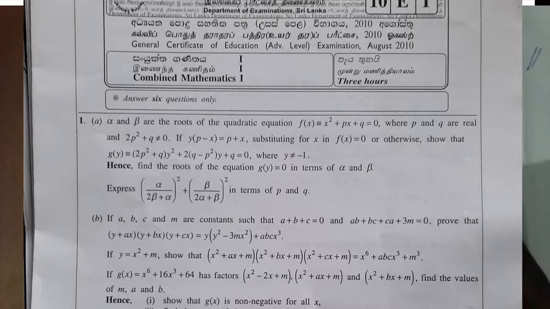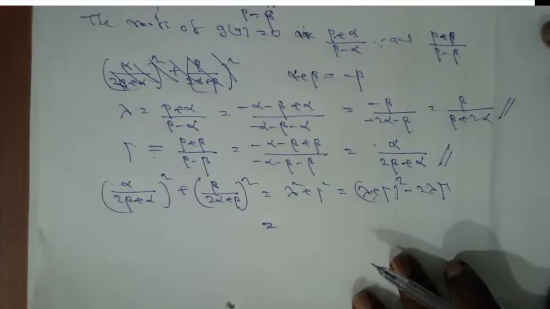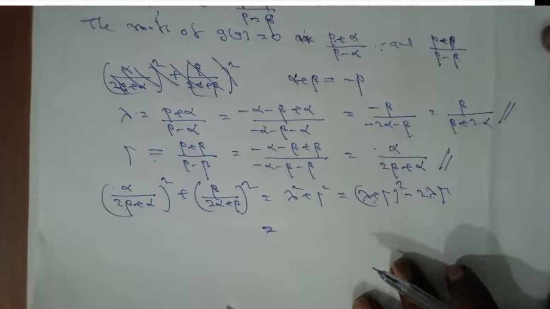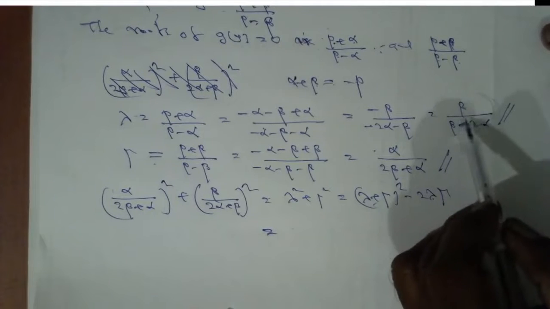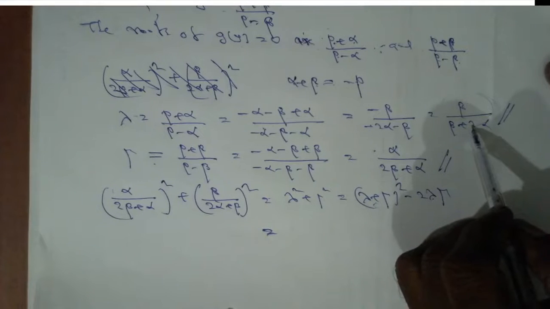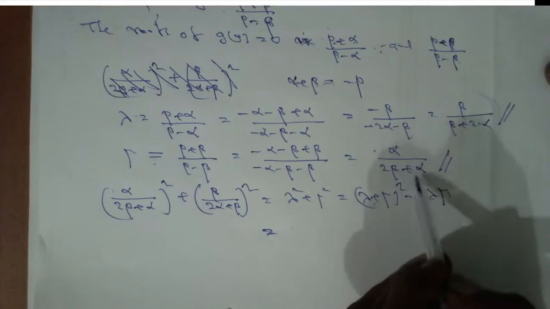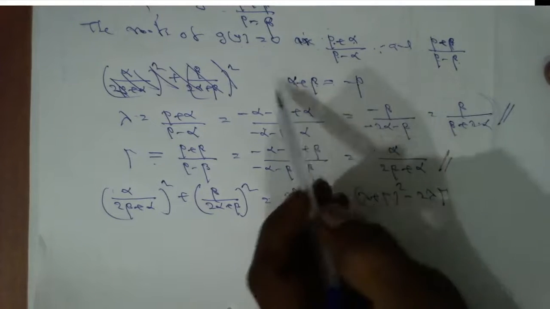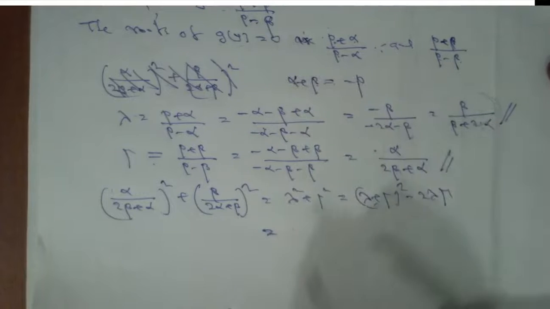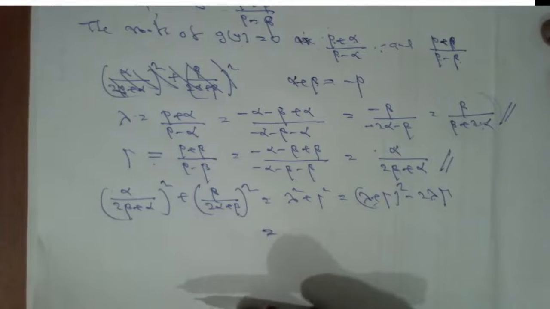So this is the sum of the roots, this is the product of the roots here, right? This is one root, this is the other root, of g(y) equals 0, in terms of alpha and beta.